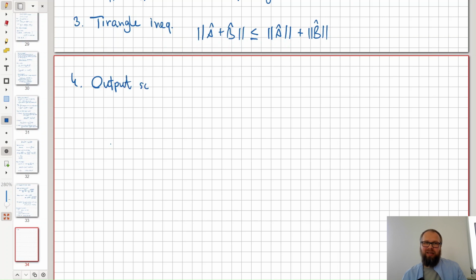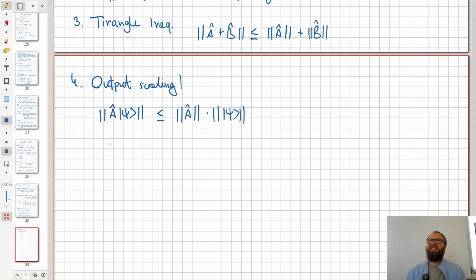Output scaling. This one is unique for the standard norm. Actually, Frobenius doesn't have this in this particular way. When you look at the norm of a vector, the output of the action of A, this can be bounded by the norm of A times the norm of the vector. It's not Cauchy-Schwarz for Frobenius.